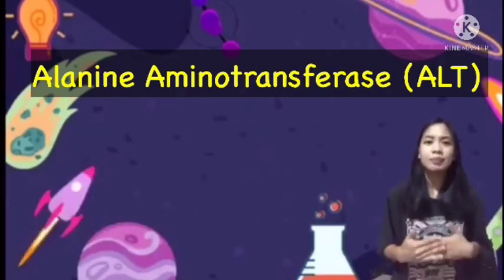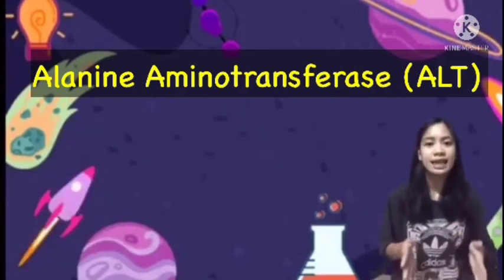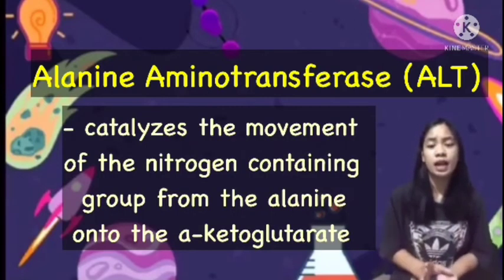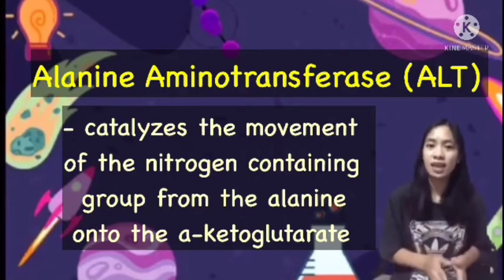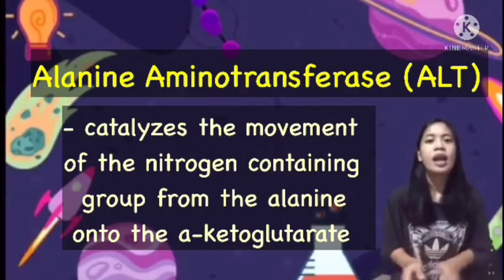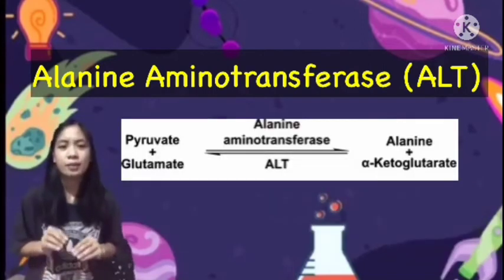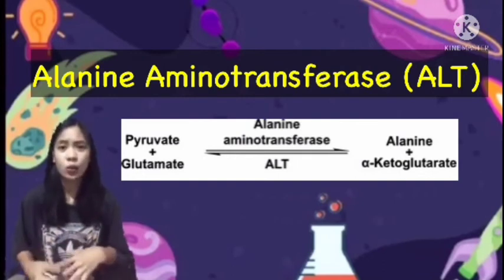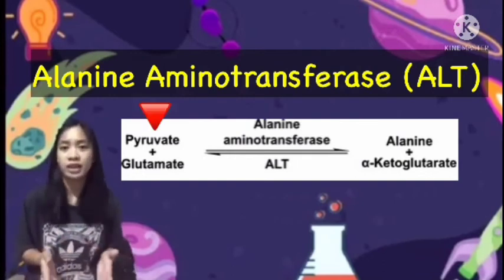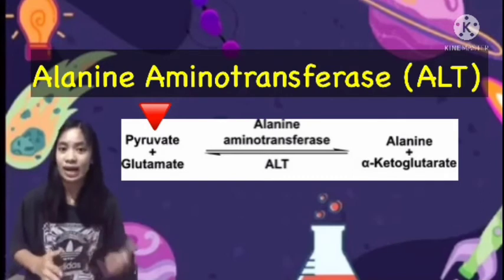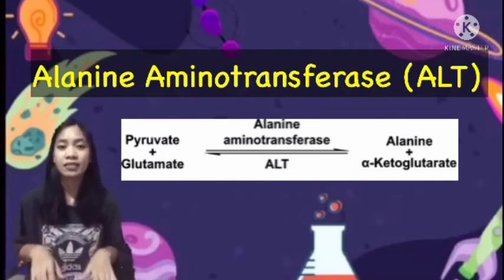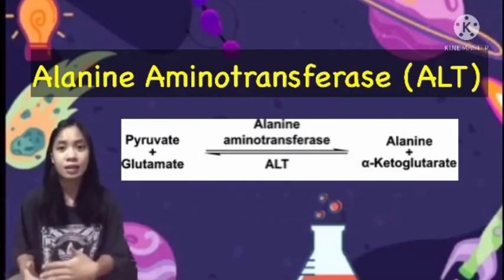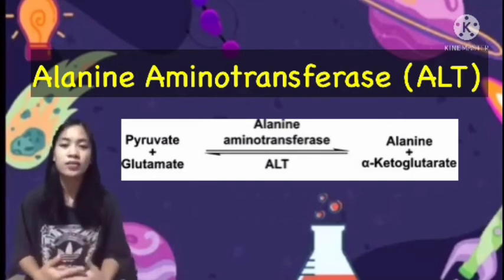So alanine aminotransferase catalyzes the movement of the nitrogen-containing group from the alanine onto the alpha ketoglutarate. If we remove the amino group from alanine, we form pyruvate, which is the alpha keto acid. But when this alpha ketoglutarate gains the amino group, we form glutamate.